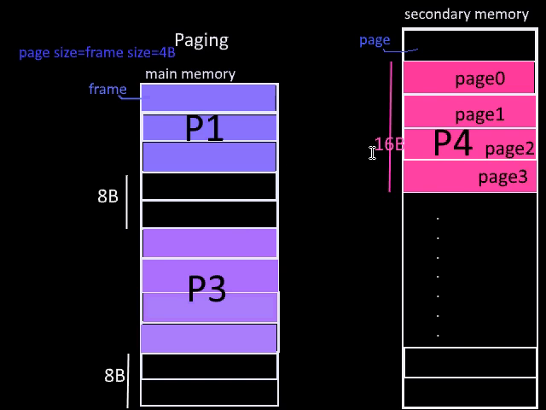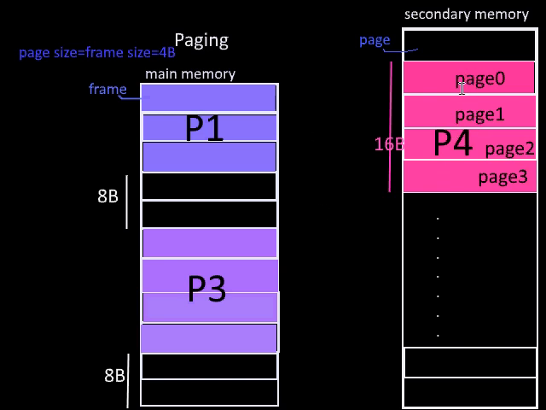But by using paging, we just have to check: for the process there are 4 pages, so are there 4 free frames available in the main memory or not? Yes, there are 4 frames which are free. Thus each frame can hold a page, and we will be able to load this process to the main memory.